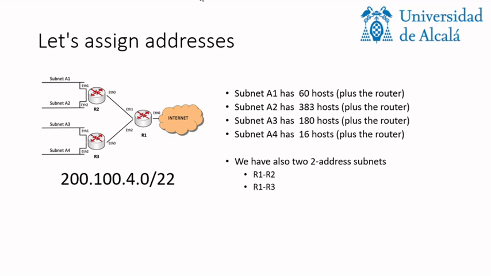In all of them, we should also have one available address to be assigned to the router, because the router has an interface that belongs to each of these subnets. Moreover, we also have to assign addresses to the two subnets of the 2 links connecting the routers.